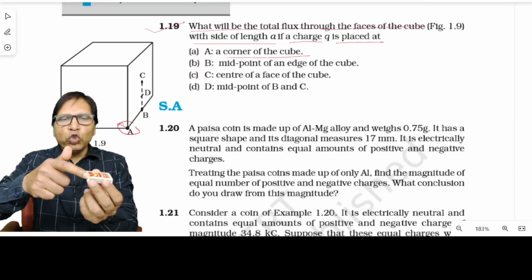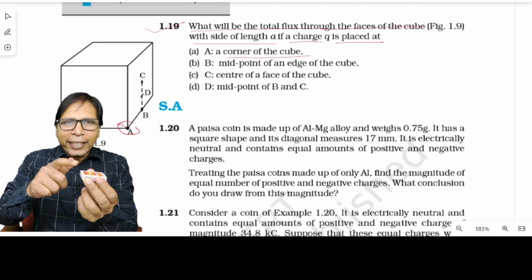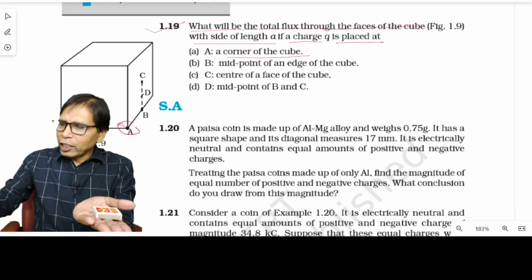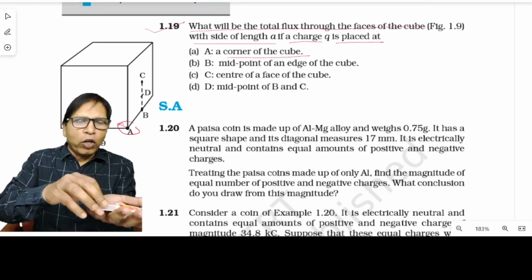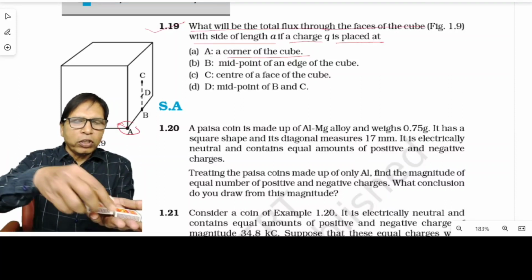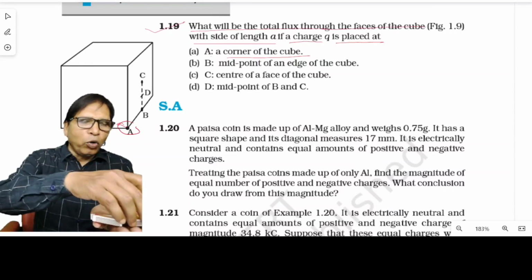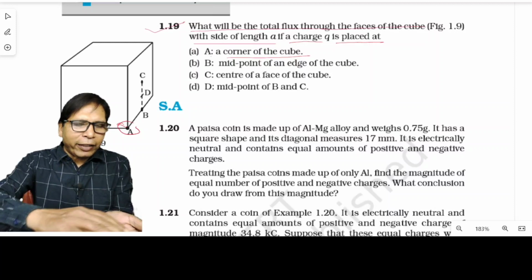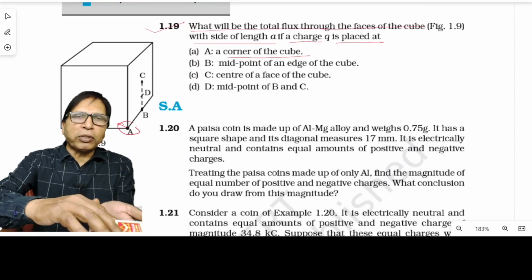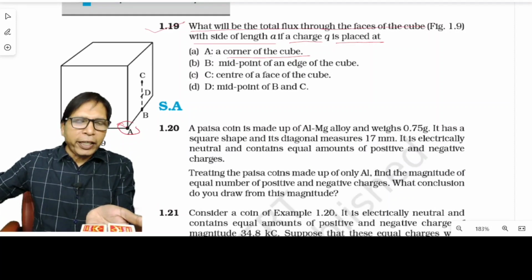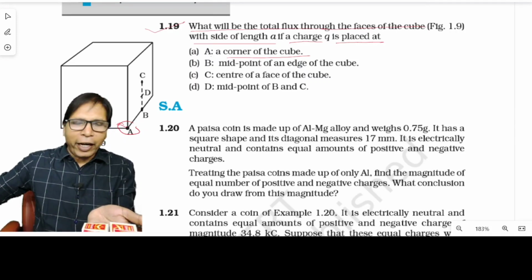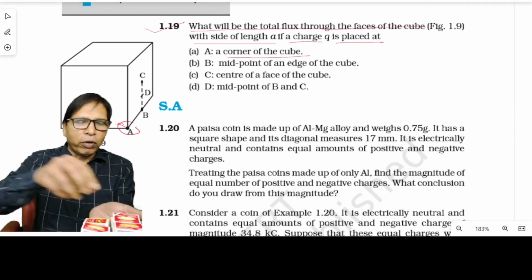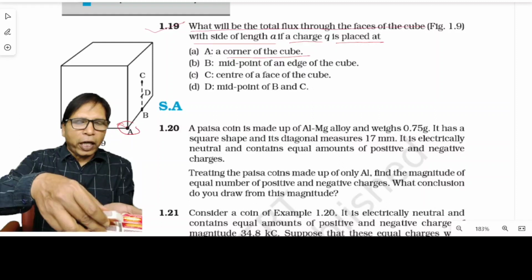To bring the charge to the center, 8 cubes are required. Now the charge becomes at the top surface of the center. To bring it to the center, another 4 cubes are required.